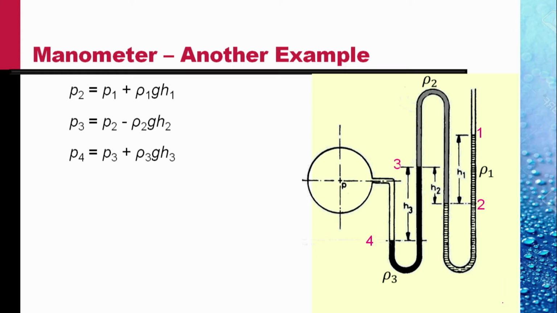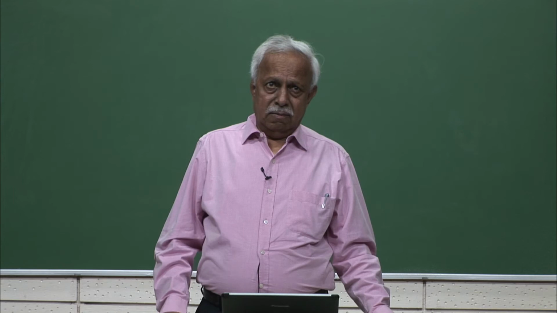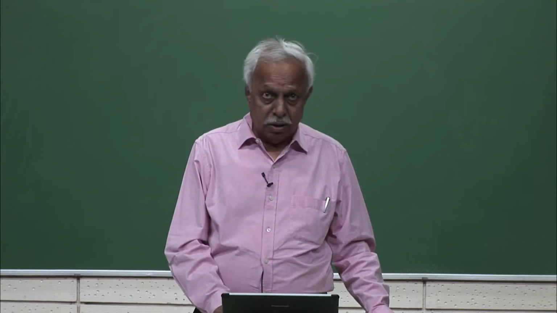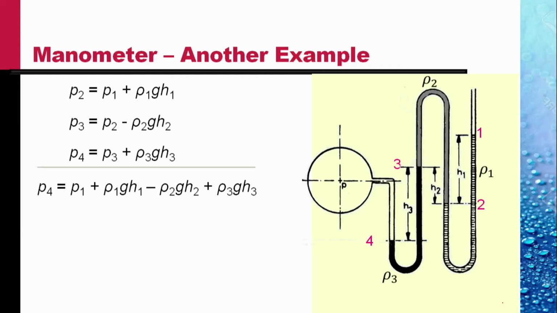Now point 3 is above point 4. So the pressure at point 4 is P3 plus rho 3 g h3. Putting it all together, we get P4 is equal to P1 plus rho 1 g h1 minus rho 2 g h2 plus rho 3 g h3.